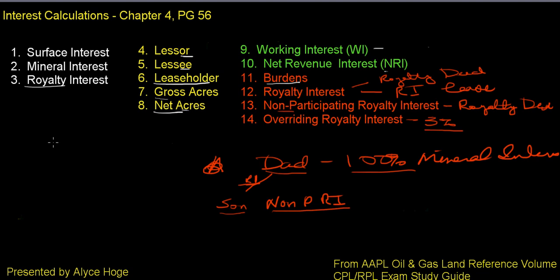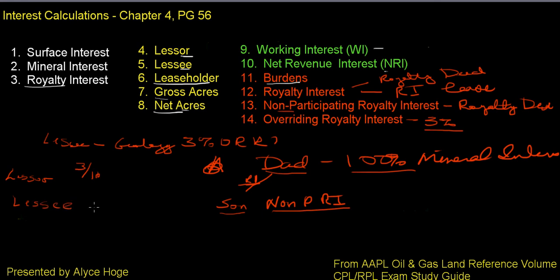So for example, the lessee says, geologist, if you can find a successful producing reservoir, we'll give you a 3% overriding royalty interest. So like we said before, if the royalty interest on the lessor's lease is let's say a 3/16, that means the lessee is going to get a 13/16 net profit.